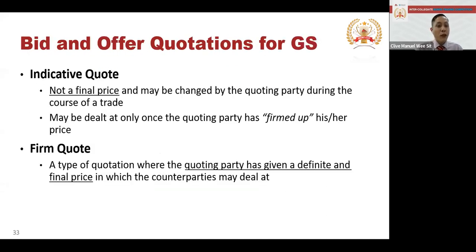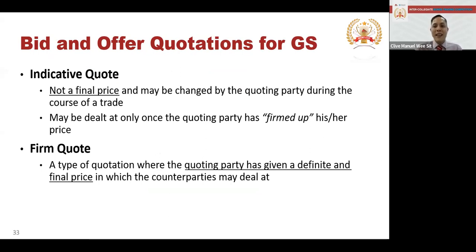So again, an indicative quote is not a final price. The quoting party or the market maker can still change this price during the course of a trade as you're negotiating, because they said it is an indicative quote. It only becomes a firm quote if the quoting party actually firms it up and tells you, okay, this is a firm quote now.